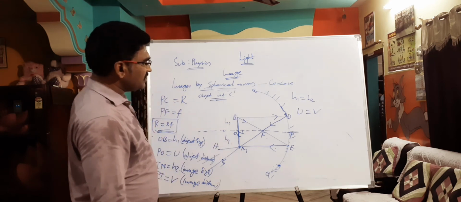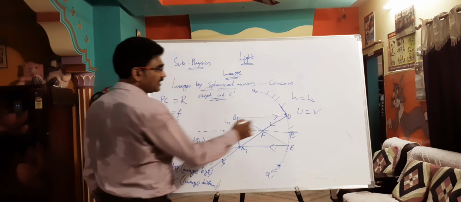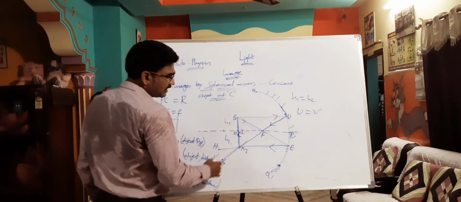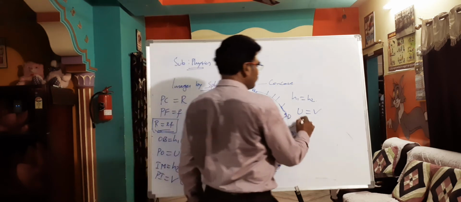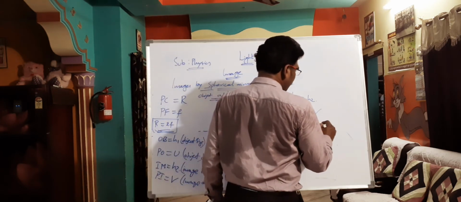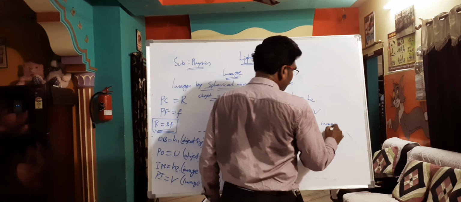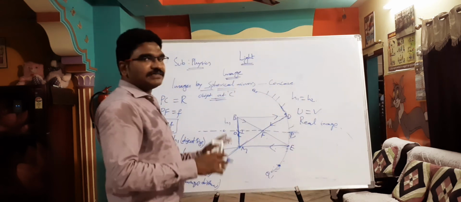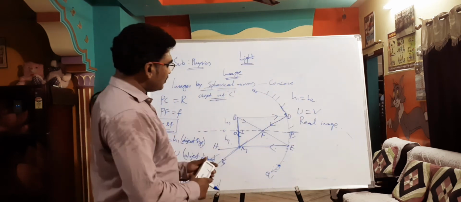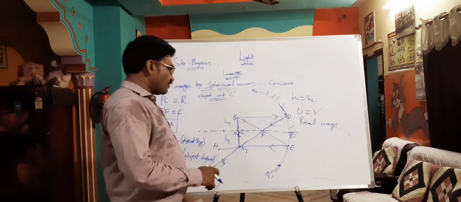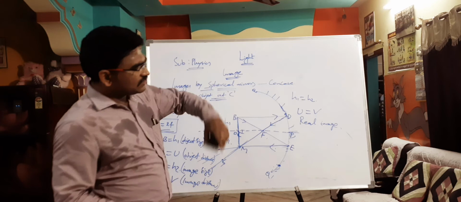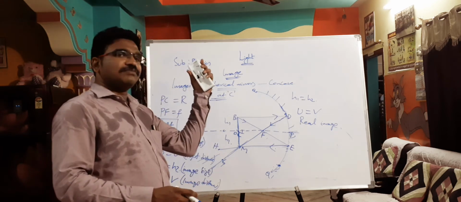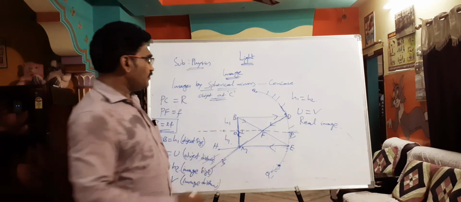And what type of image is it? Real image or virtual image? Because this reflected ray and this reflected ray really met, it is real. It means if you put any screen here, you can get the image on the screen, no problem. But you see the object is above the principal axis, but the image is below the principal axis.